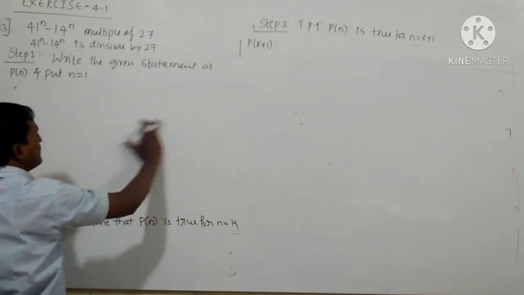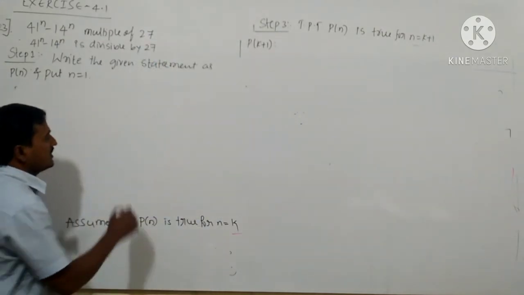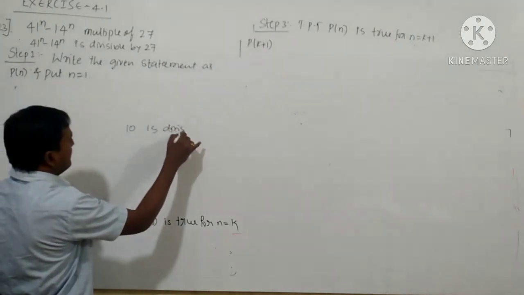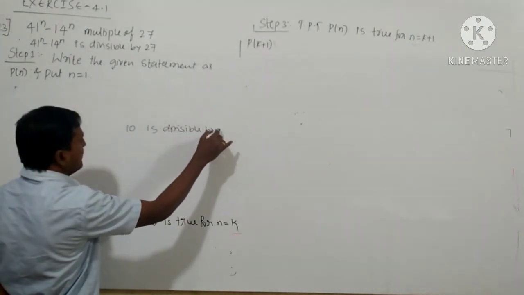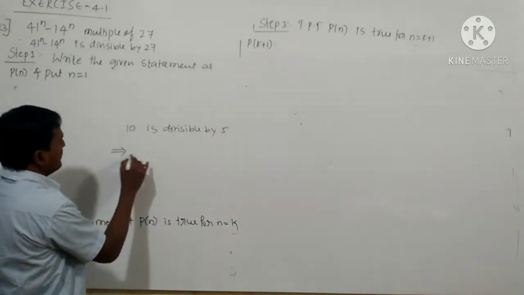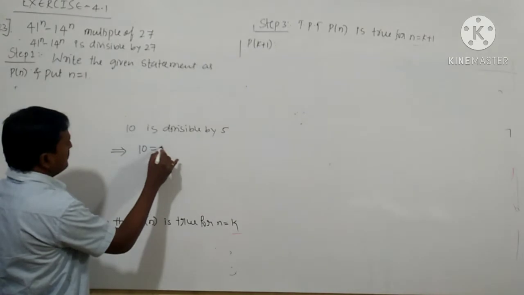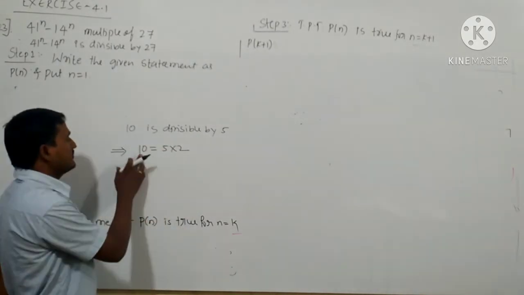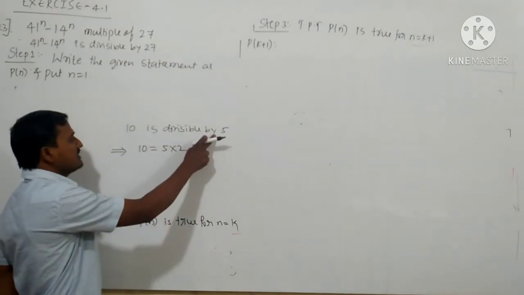Okay, so for this, if 10 is divisible by 5, we will write like this: 10 is equal to 5 into 2. So 10 is divisible by 5.